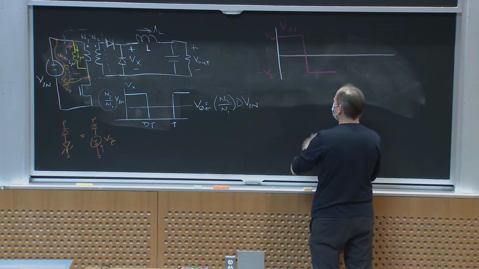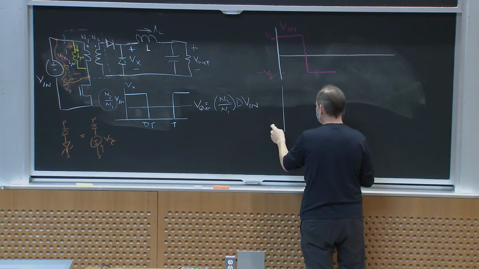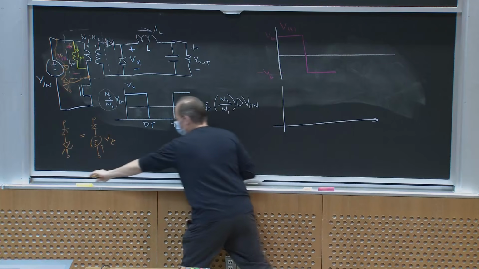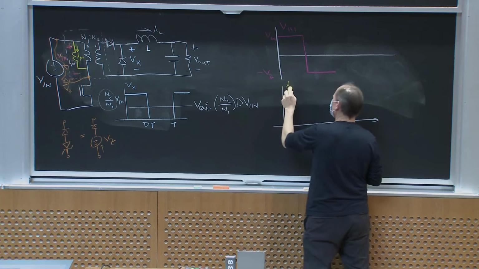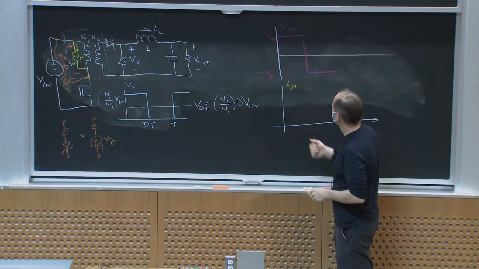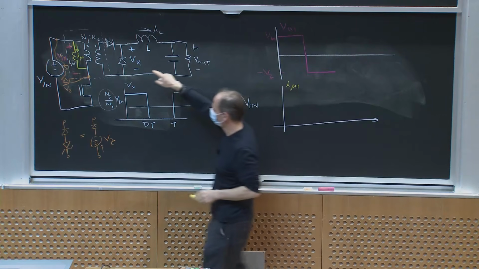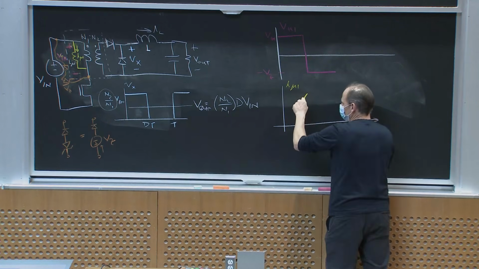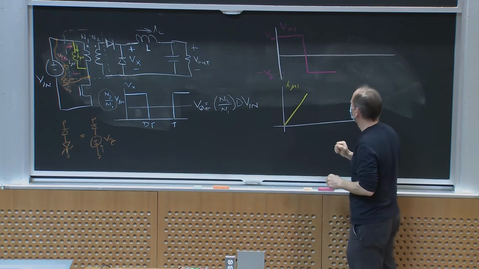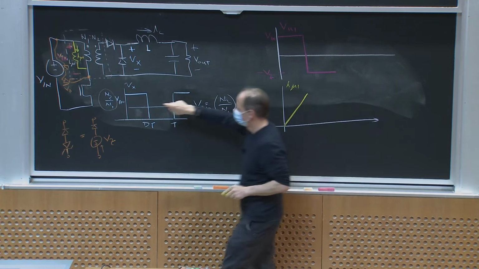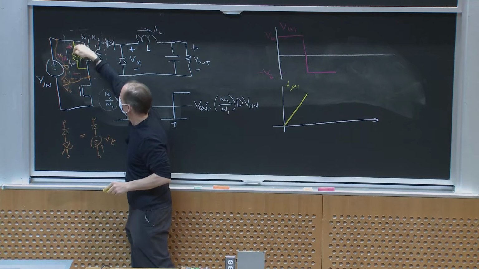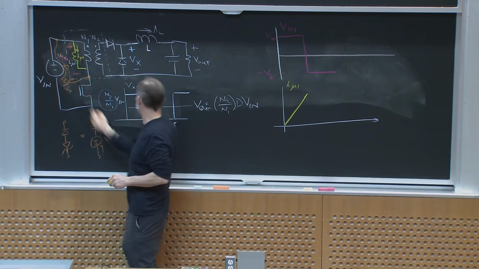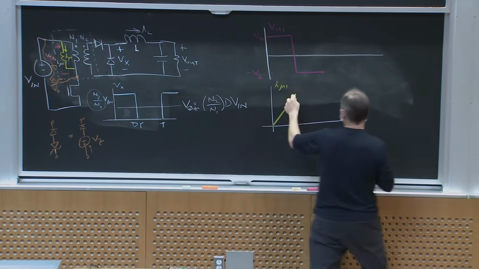And what would happen to the current in that magnetizing inductance? So let me plot IMU1. Okay? When I turn on the switch, it's going to ramp up. Let's assume it ramps up from 0, like this. And then I turn off the switch. The magnetizing current cycles into this, and it ramps down because I have a negative voltage.